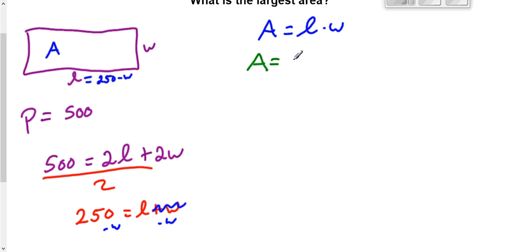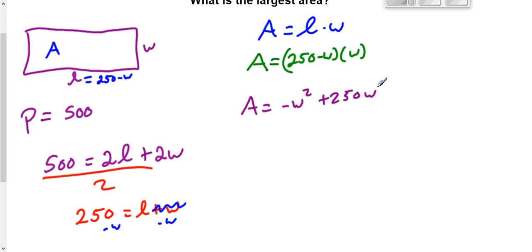So area is equal to 250 minus W times W. Distribute the W. I'm going to rewrite it here, and we get negative W squared plus 250 W.